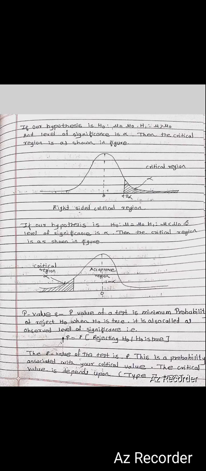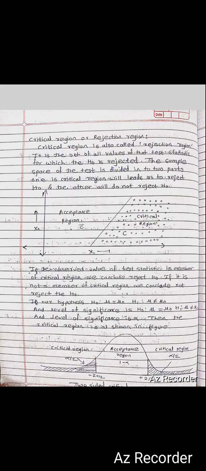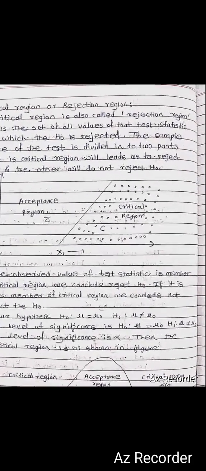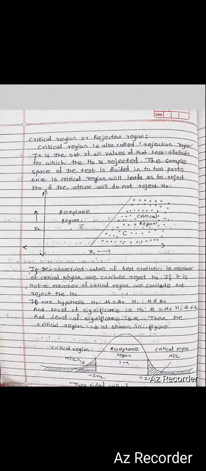If our hypothesis is H0: mu equal to mu naught and H1: mu is greater than mu naught, and the level of significance is alpha, then the critical region is as shown in the figure. In this figure we show that there is only a one-sided hypothesis, mu greater than mu naught. In our previous diagram mu is not equal to mu naught, that's why there are two critical regions, alpha by 2 and alpha by 2.